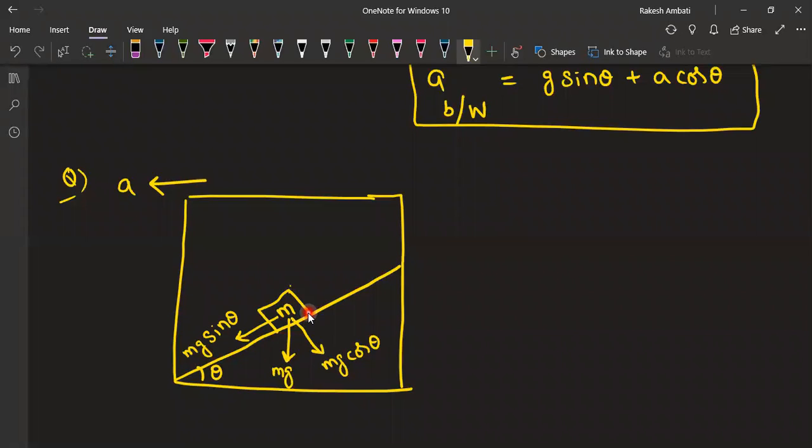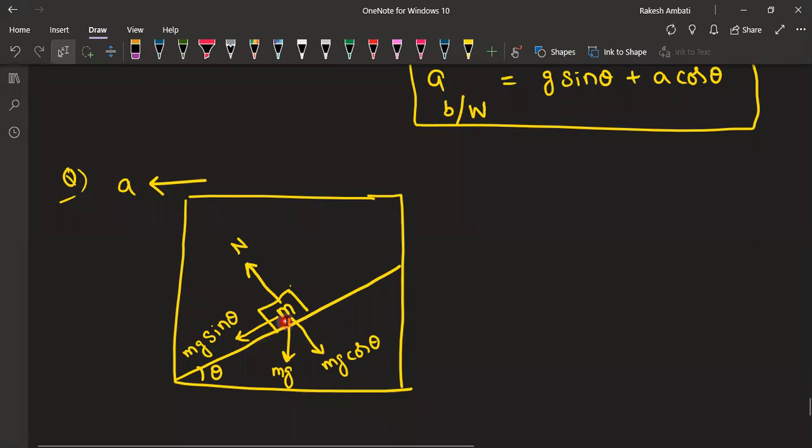Then after, it is the normal force acting on the block. So all these are the real forces acting on the block. But this block is in an accelerating frame, meaning a non-inertial frame. In a non-inertial frame, along with real forces, we also have to consider a pseudo force.